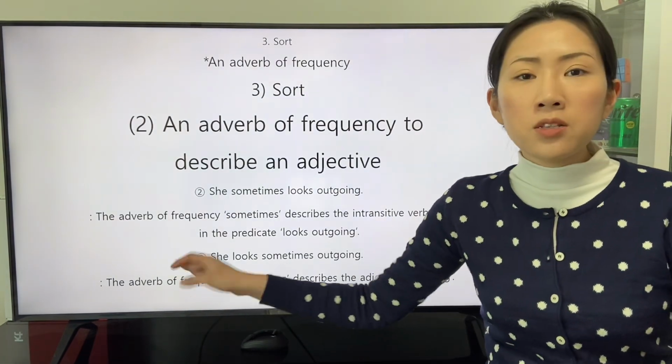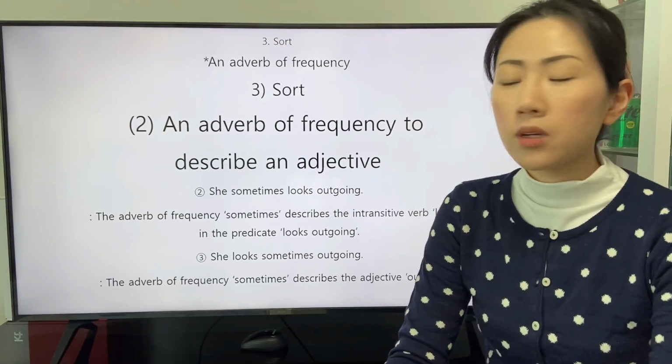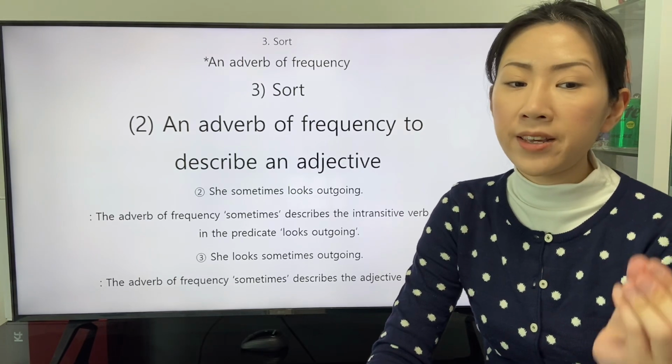The third clause is this: she looks sometimes outgoing. The adverb of frequency sometimes describes the adjective outgoing.